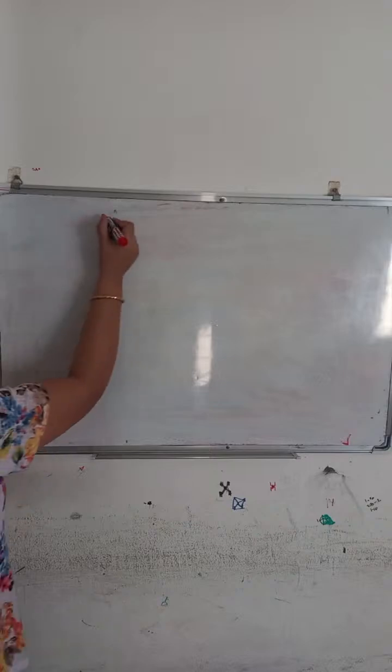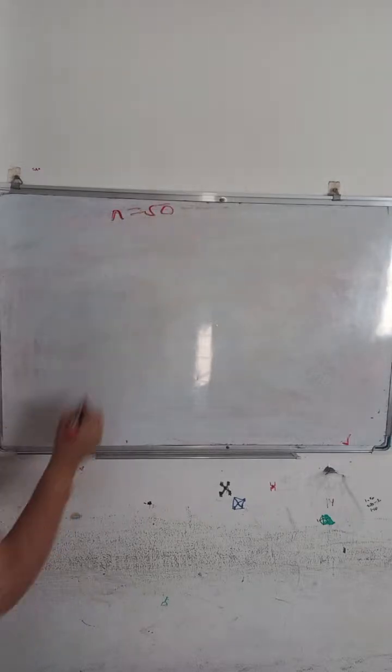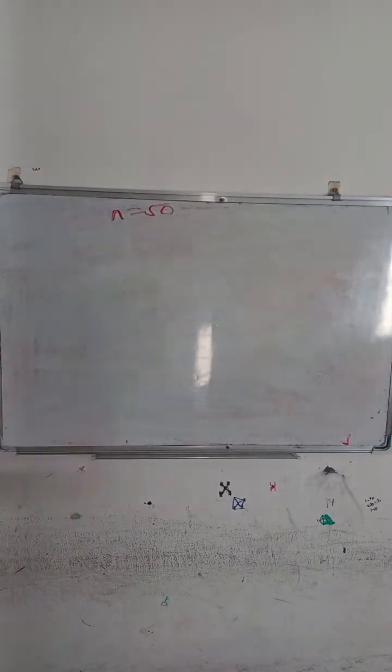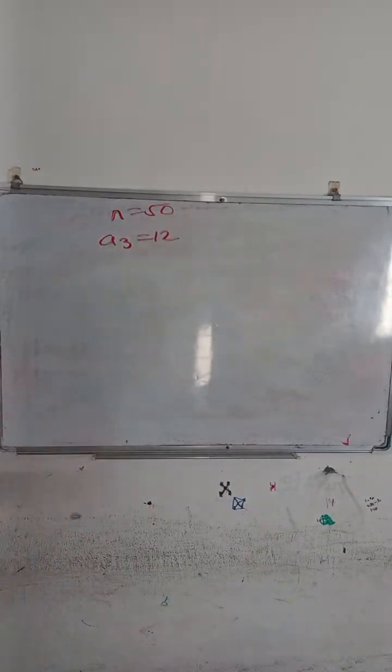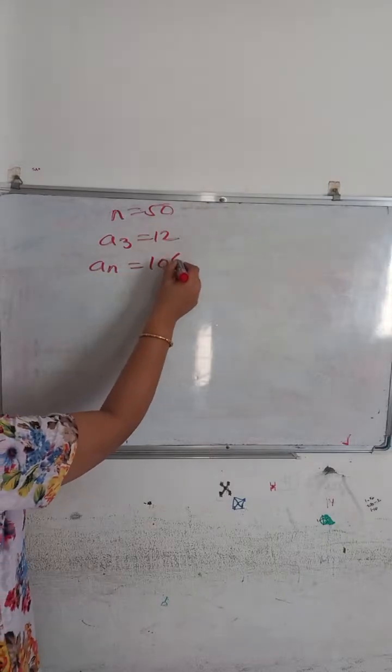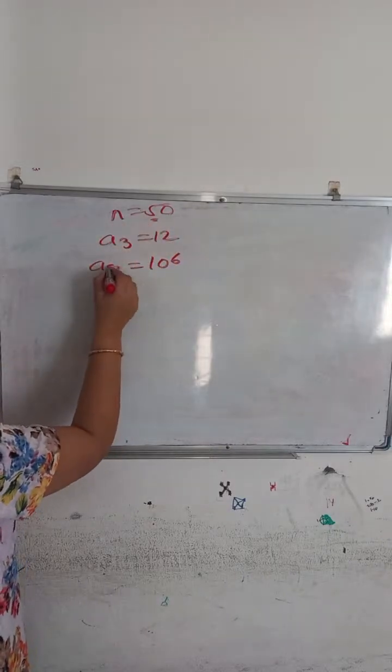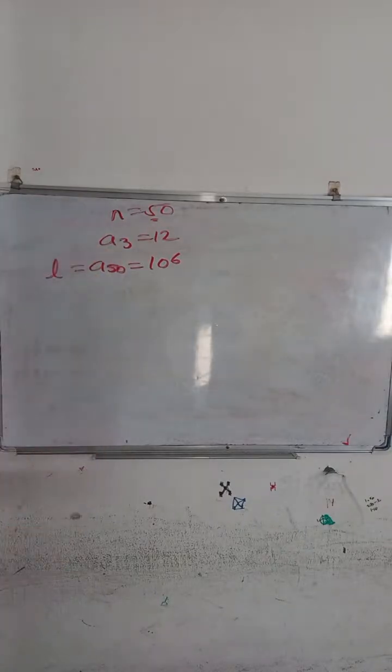Once you write 50, check what the other given terms are. Of the 50 terms, the third term is 12, so a3 is equal to 12, and the last term means the nth term is 106. So the last term is the 50th term, a50. Then they are asking for the 29th term.